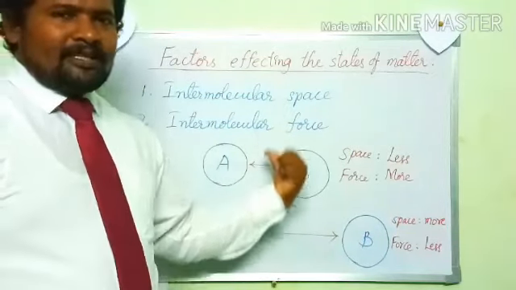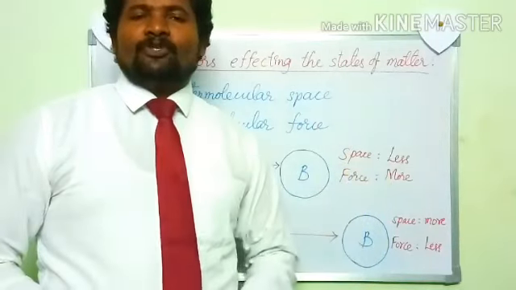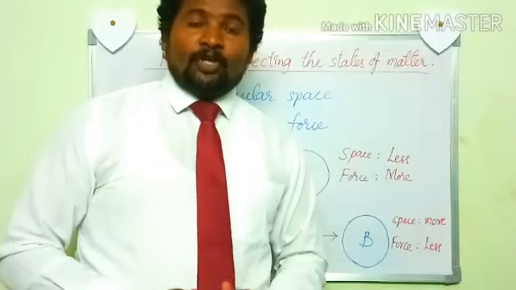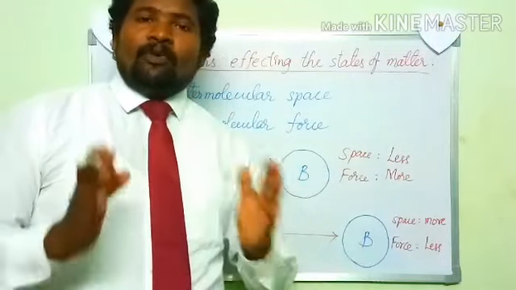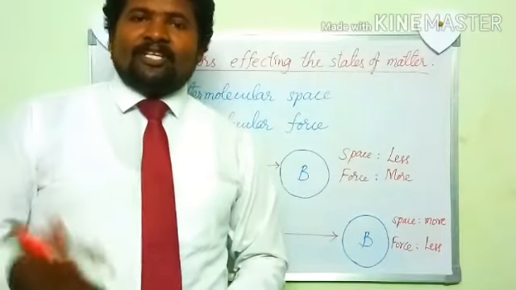So using these two factors, it is easy for us to understand the different states of matter. Don't forget, these are the two basic important points that will help you to understand the states of matter.